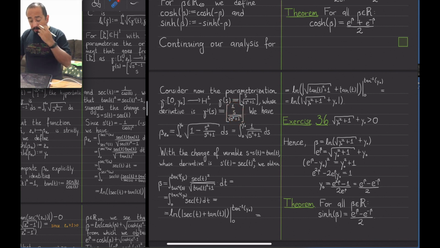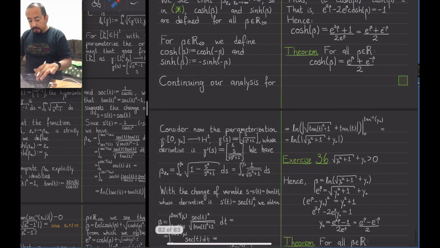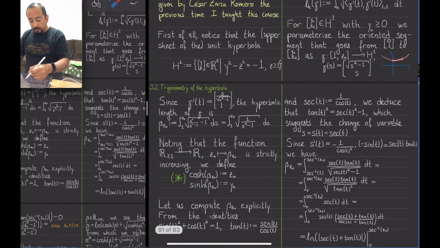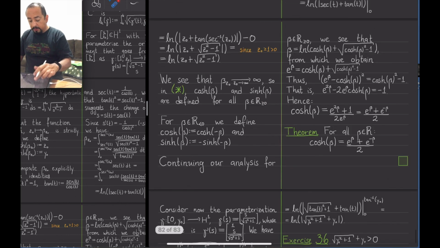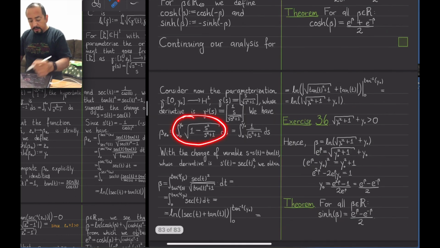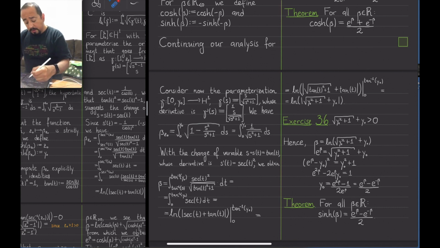Of course, I'm implicitly using that this number is equal to both integrals, the previous one and also the new one. This I leave you as an exercise. In other words, it's independent of the parametrization.